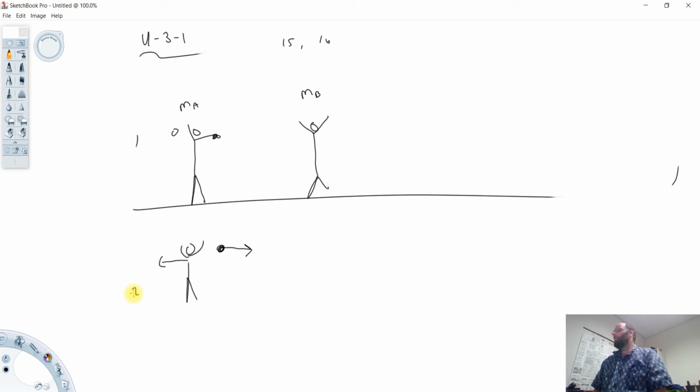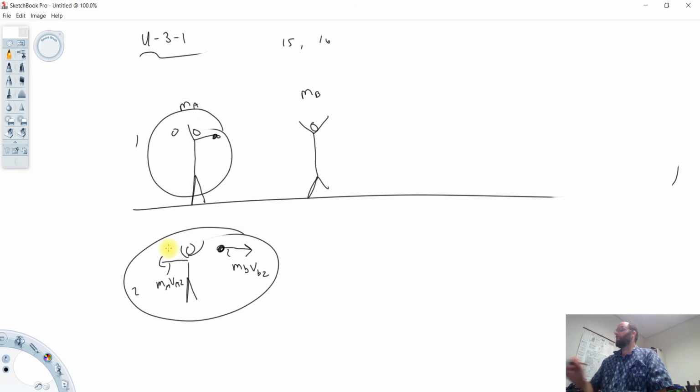And you can write a momentum equation for the ball and the person. Let's call this maybe mass, we'll use little b for ball, and velocity of B, picture 2, right? Mass of A, velocity A, picture 2. So you have no momentum in this picture equals the net momentum in this picture because there's no net impulse on the system.